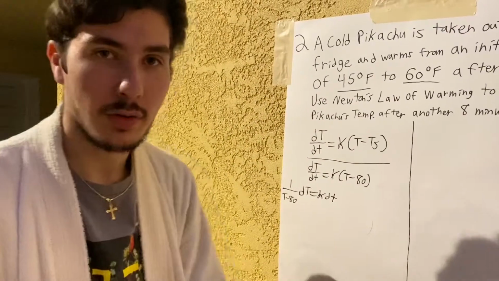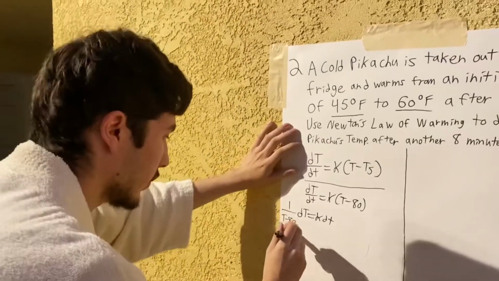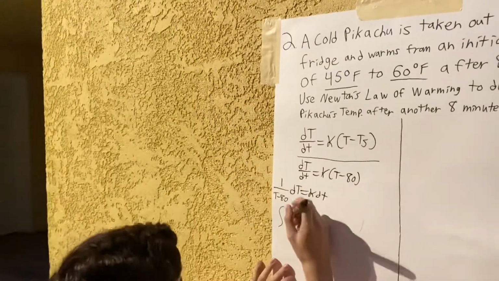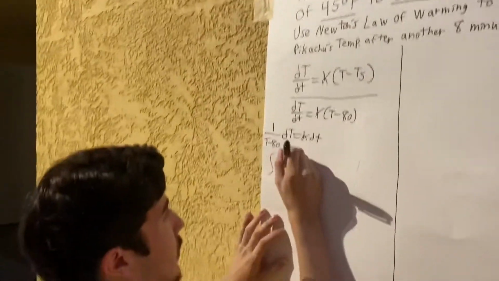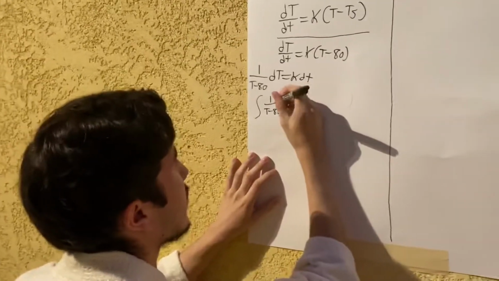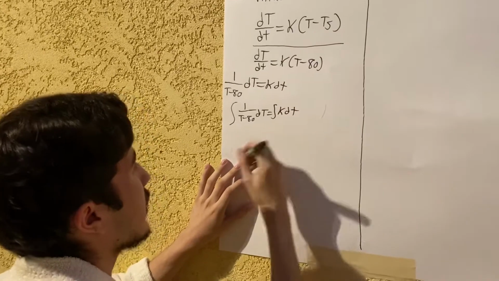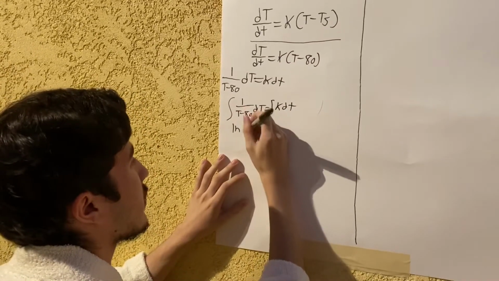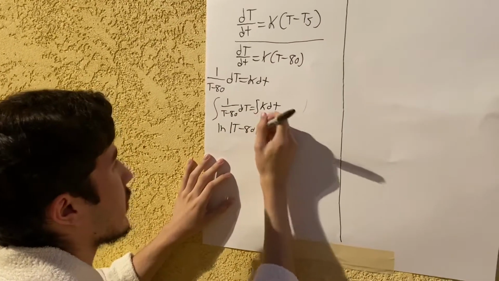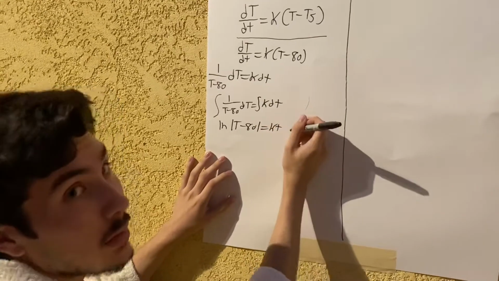Remember, we're going to integrate again. So it's going to be the integral of 1 over T minus 80 dT equals the integral of k dt. That's going to be ln of T minus 80 equals kt plus C.